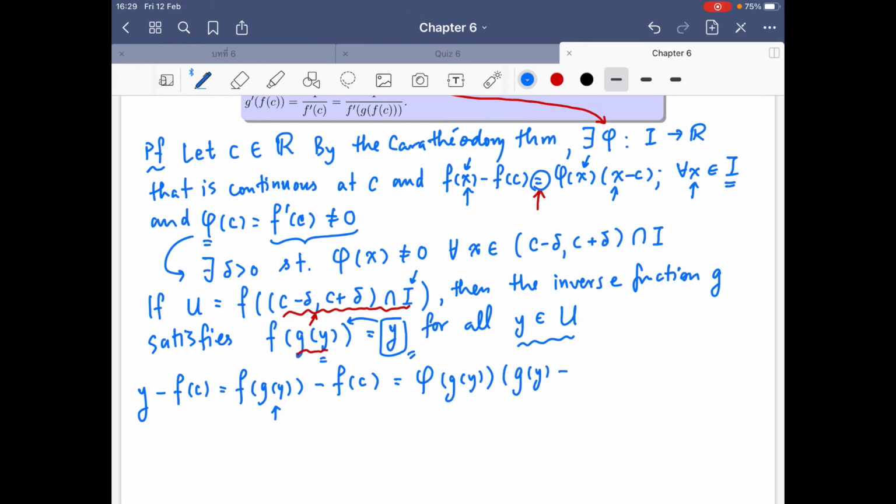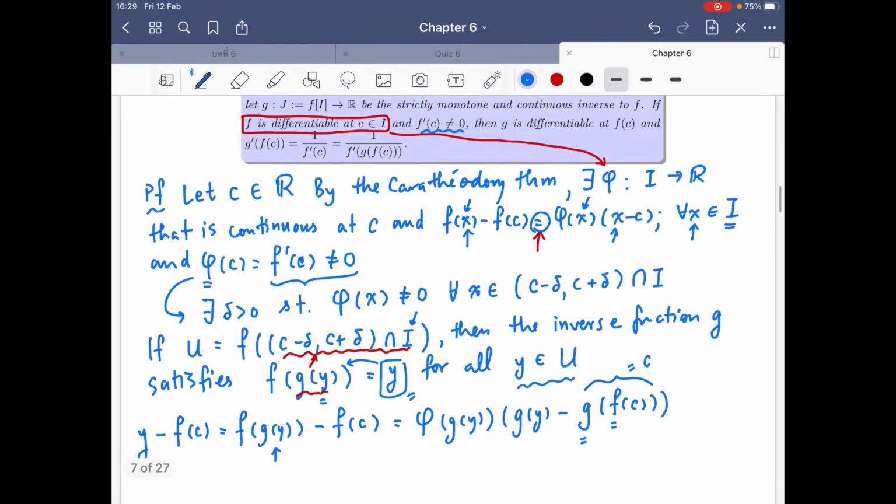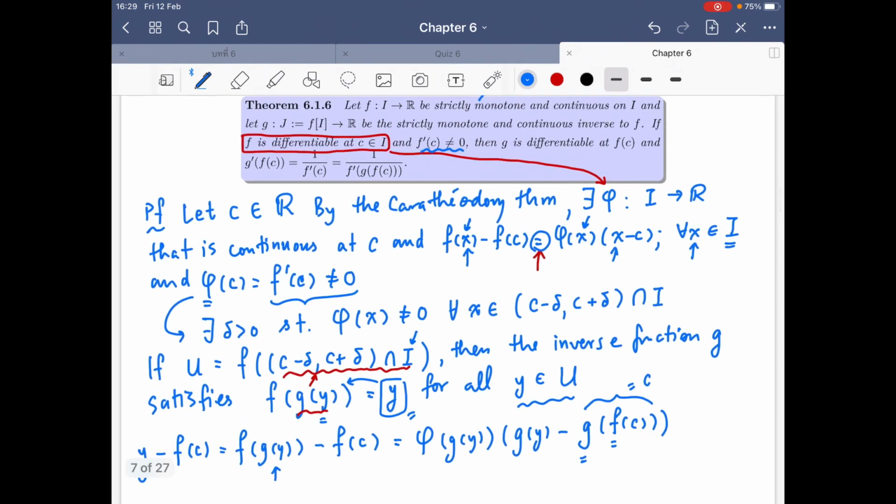But in order to make your c involve the g, you can put it as g of f of c, because of the inverse property. When you have your g and your f together like this, it is actually equal to c itself. So this is what we actually need.